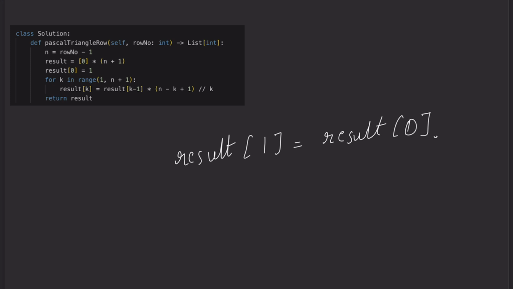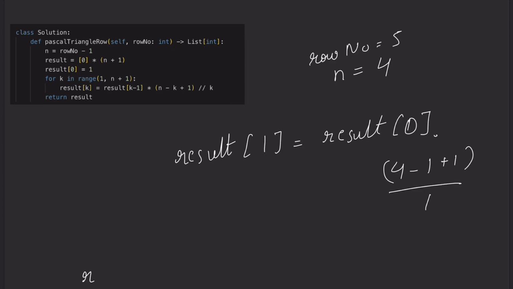If we are designing row number 5, then n would be row number minus 1, that is 4. So times 4 minus k, k is 1, plus 1, divided by 1. So times 4. The result had 1 earlier, and this time we do result of 0 is 1. So 1 times 4 minus 1 plus 1, which becomes 4. So 1 times 4 is 4.